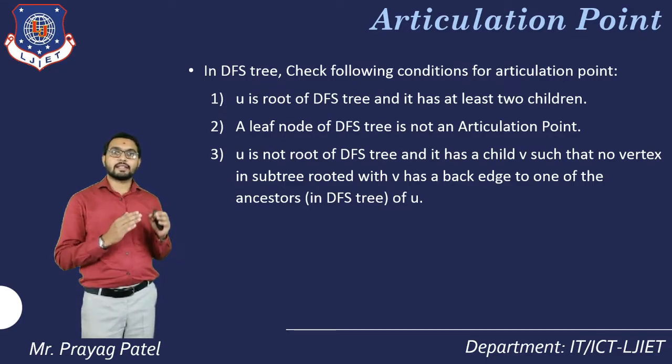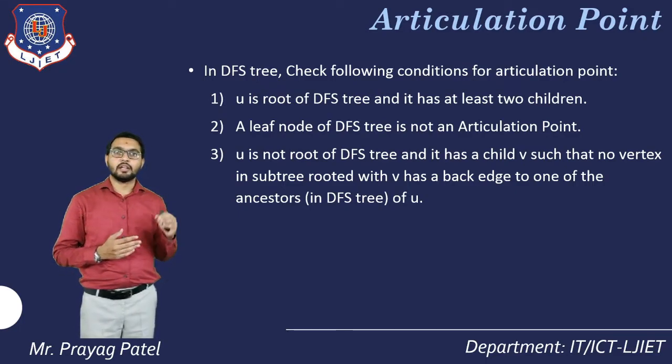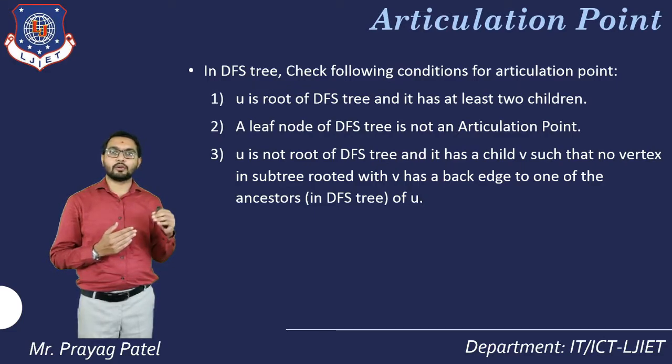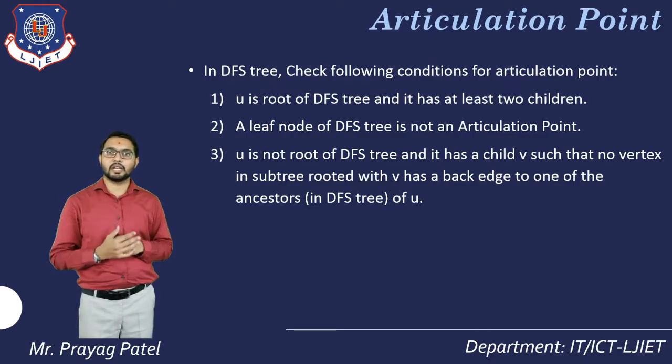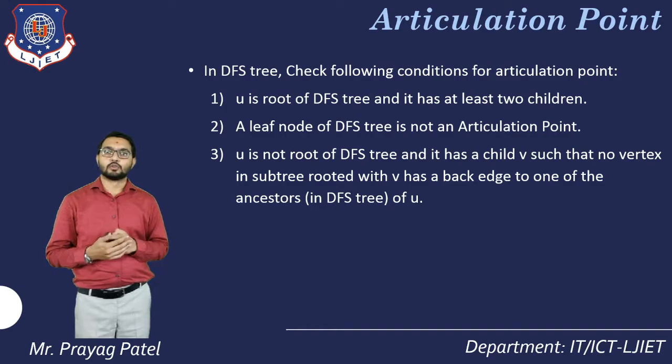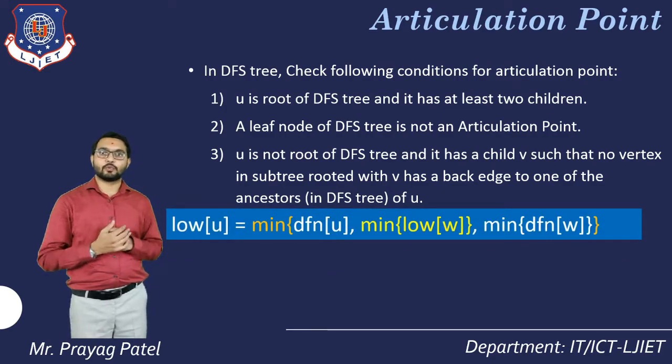Then it has a child V such that no vertex in the subtree rooted at V has a back edge to one of the ancestors of U in the DFS tree. Then U is called an articulation point.